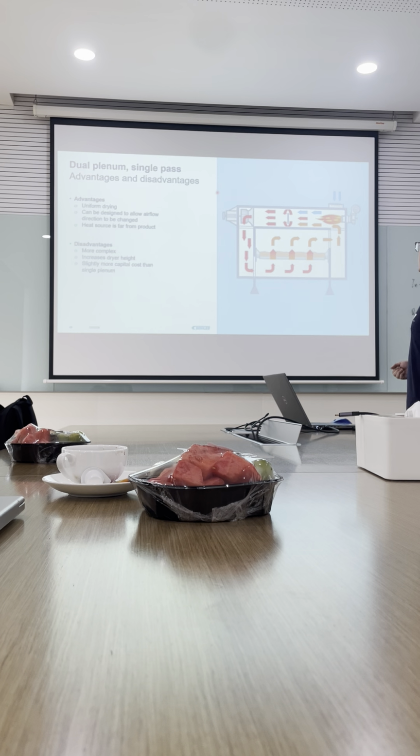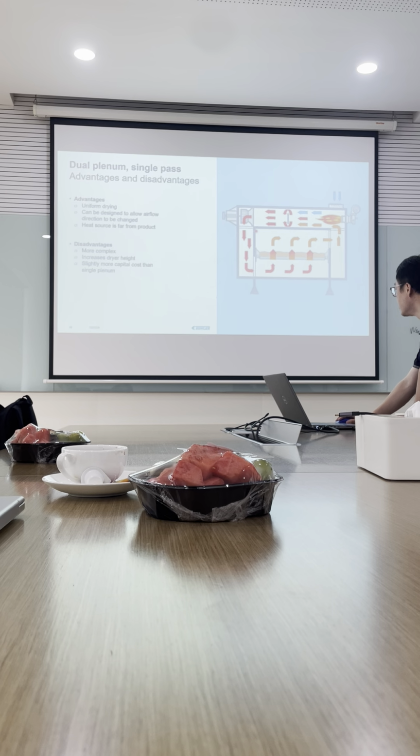So this dryer can provide uniform drying, and can be designed to allow the airflow direction to change. How to change? You can see here is a plate and here is a plate. In this picture, the air goes through the bottom and through the plate, so the air direction is upflow.